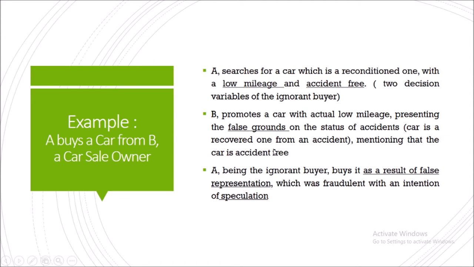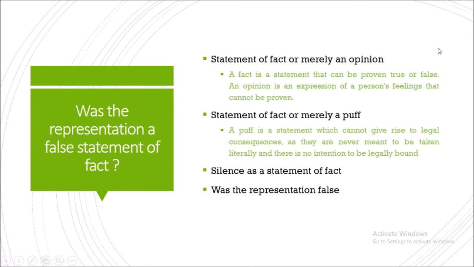But let's say the seller implied he's recommending this car to buy because it's a good car. It's a sort of opinion. It's not a directly expressed statement, so you cannot prove it, right?